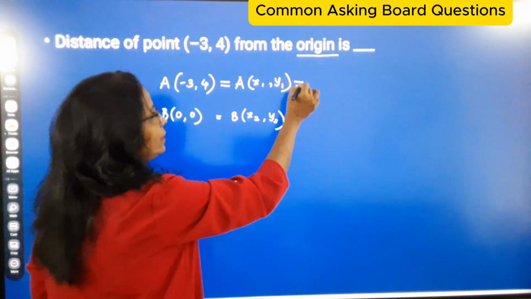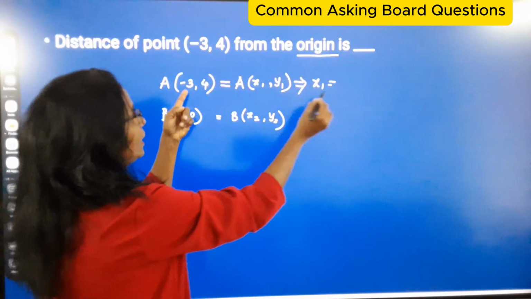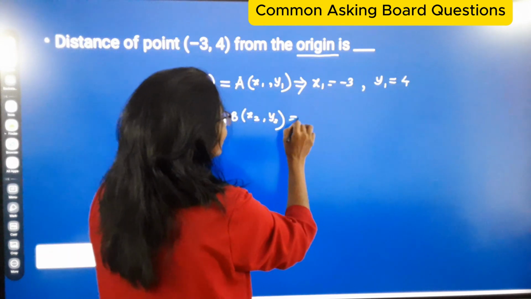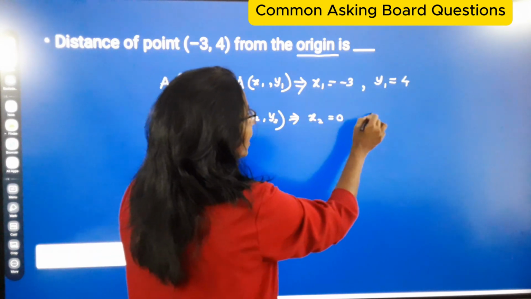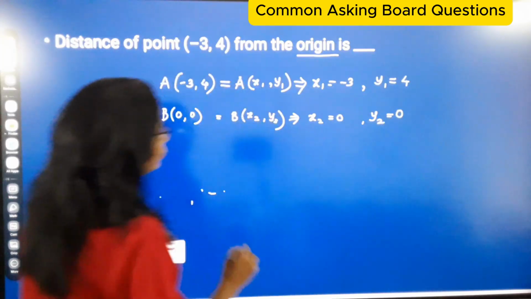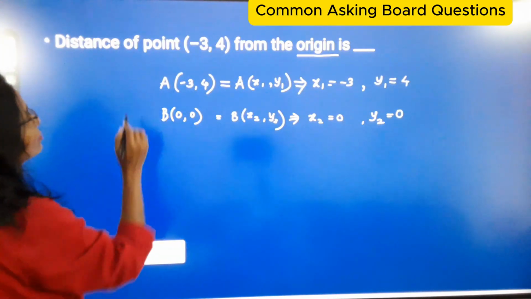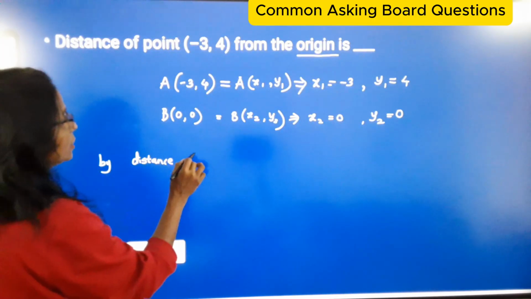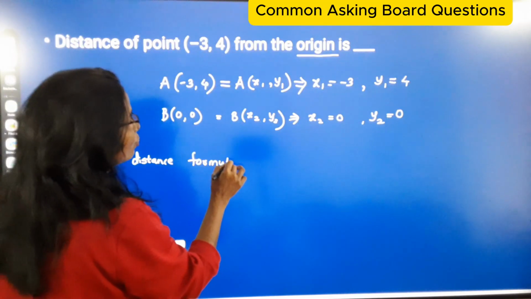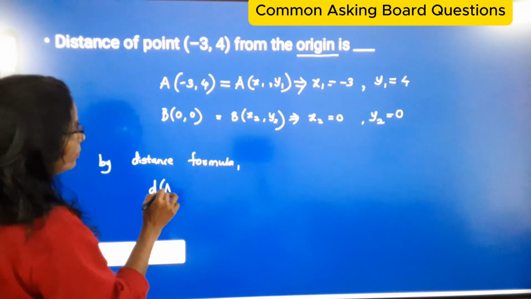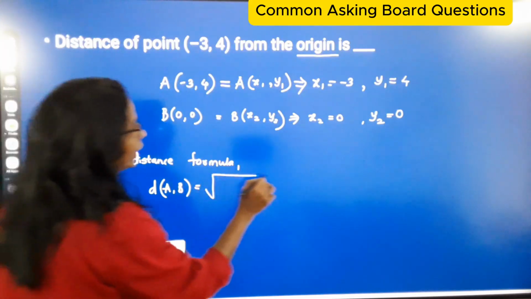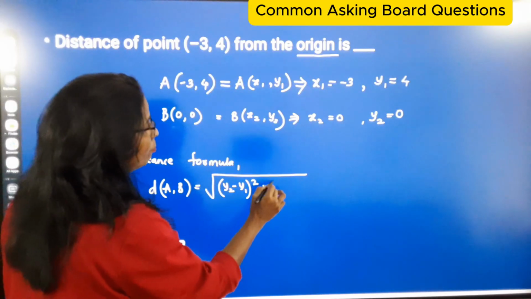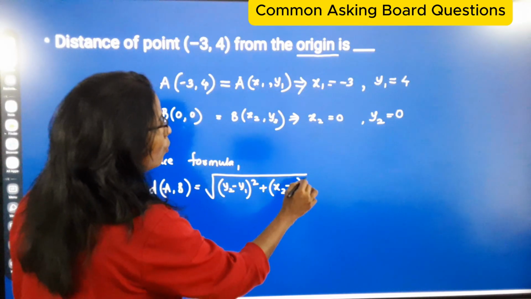Then x1 is minus 3, y1 is 4, x2 is equal to 0 and y2 is equal to 0. Now our formula becomes the distance formula. The distance from A to B is equal to the square root of y2 minus y1 whole bracket square plus x2 minus x1 whole bracket square.